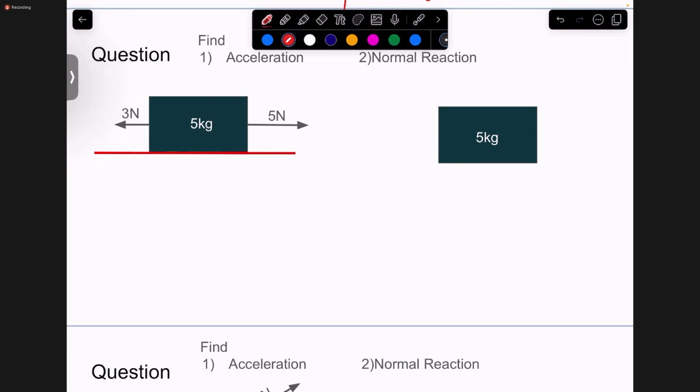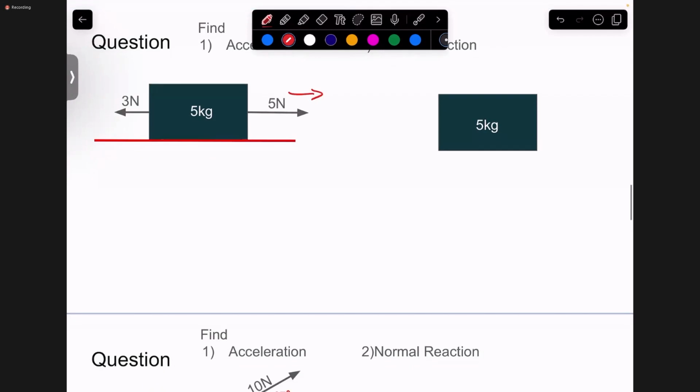You can see that unequal forces are acting, and intuitively you can understand that since 5 Newton is greater than 3 Newton, the direction of the motion will be along the direction of the larger force. This is an intuition, or by observation we are saying this.